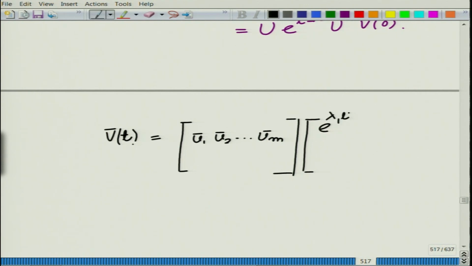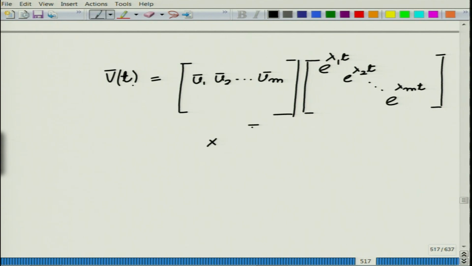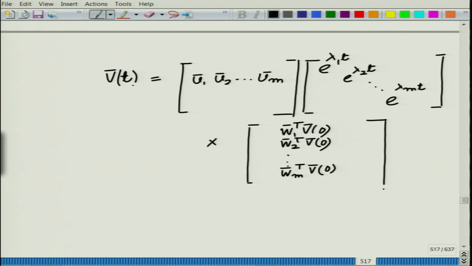Then e raised to lambda 1 t, e raised to lambda 2 t, and so on up to e raised to lambda m t, times U inverse, which is w1 bar transpose, multiplied by v bar 0, then w2 bar transpose multiplied by v bar 0, and so on up to wm bar transpose multiplied by v bar 0.